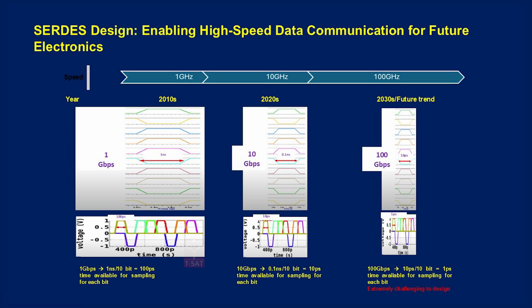There is a terminology that we talk about every time, the figure of merit. Figure of merit in this particular interface design is picojoule per bit. Picojoule is a kind of energy measure.